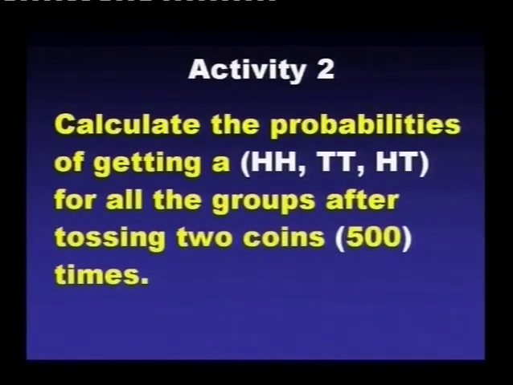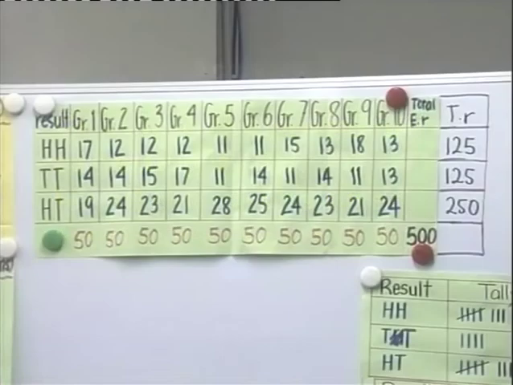Before I wind up the lesson, I'd like us to look at activity 2. Remember that on the table that I have given, I have the last column there, which is theoretical result.